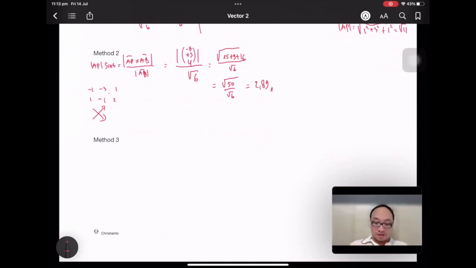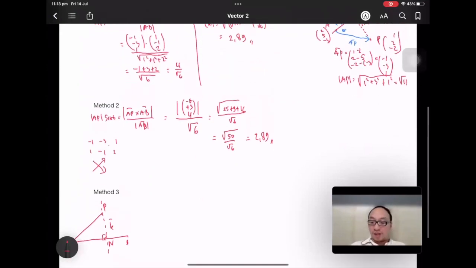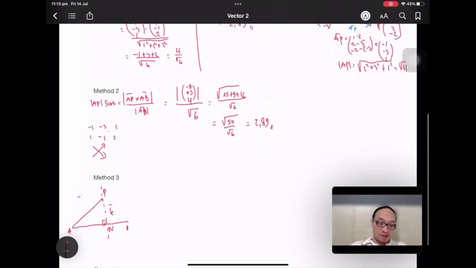So if I rewrite, this is A, this is B. So we have N here, and we have to find the vector k, which is perpendicular to the AB. AP is -1, -3, 1.